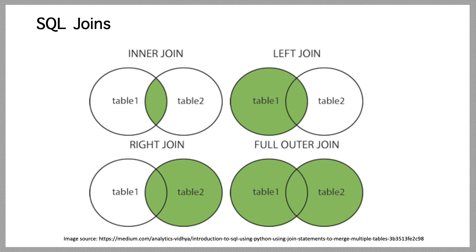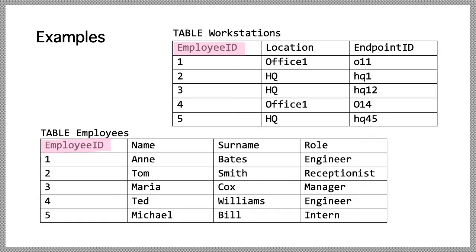Once again, let's move on to practice and see what these joins would look like on a real life example. All right, so here we have 2 tables, a bit different than the orders and customers that I used in the last slide.